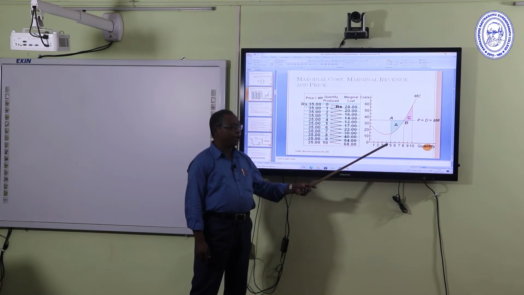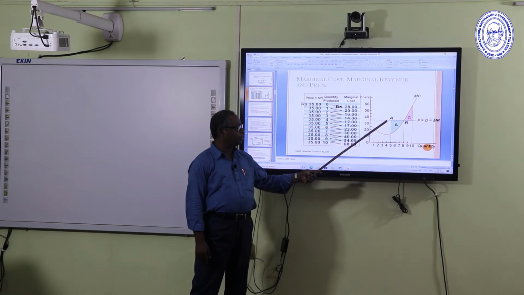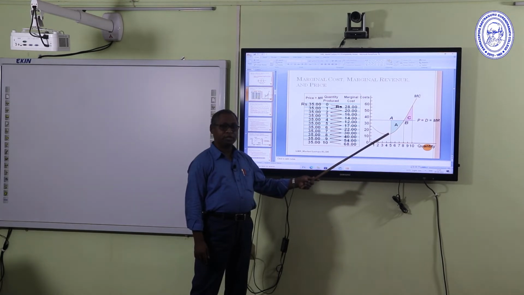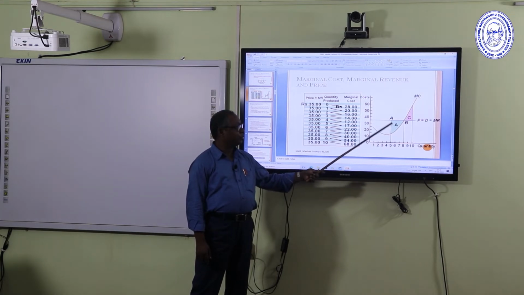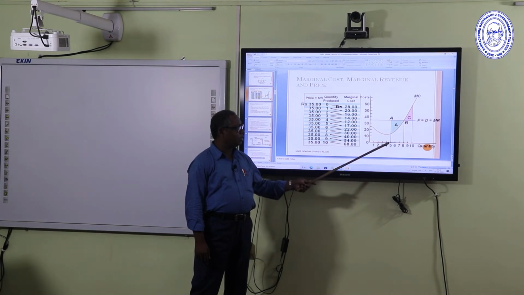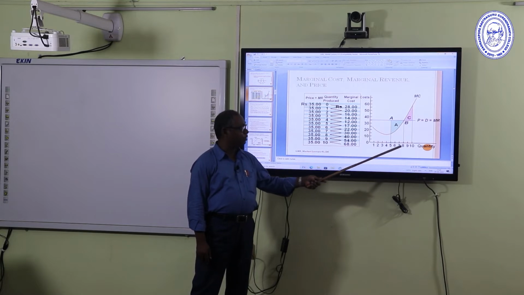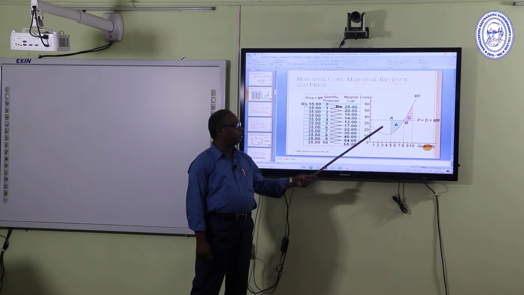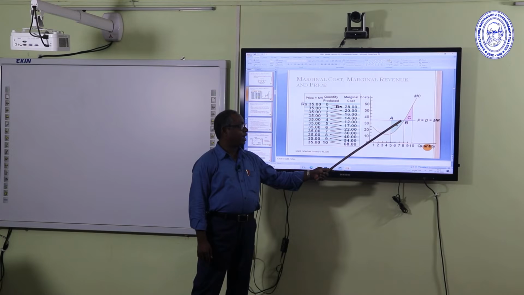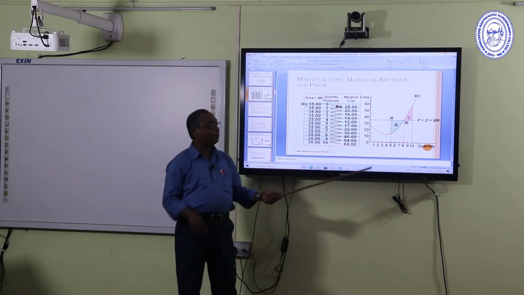Say at unit 5, this is the amount of revenue, this is the amount of cost. So this is marginal revenue and this is marginal cost. The gap between the two is positive. If we move forward and increase quantity, then it decreases, and at B, they are the same.